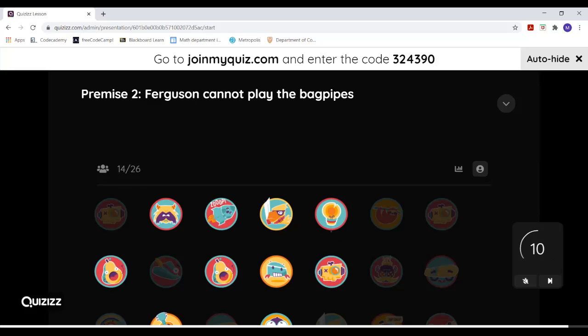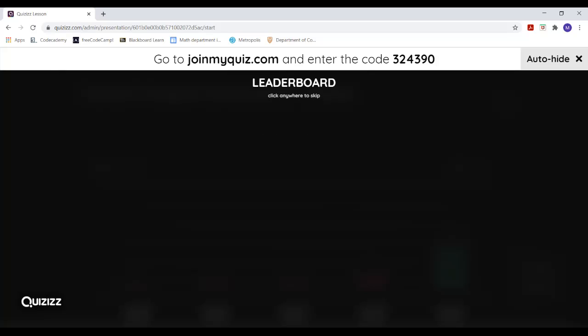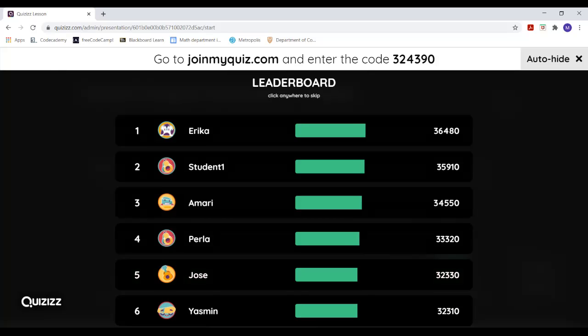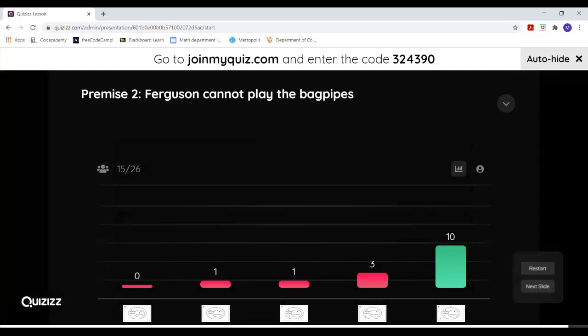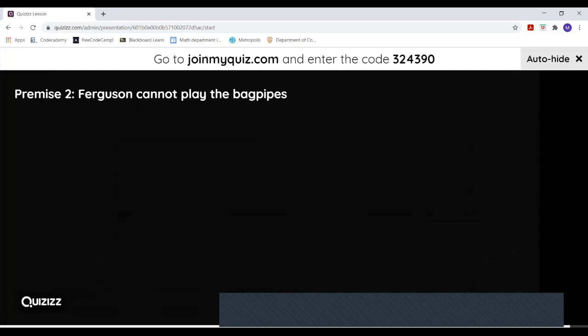So if Ferguson cannot play bagpipes, that means I am going to place my X on the outside of the bagpipe circle. So there is only one picture there that has it on the outside of the bagpipe circle, and that is that last one. This one's on the border, so this one could technically be inside.